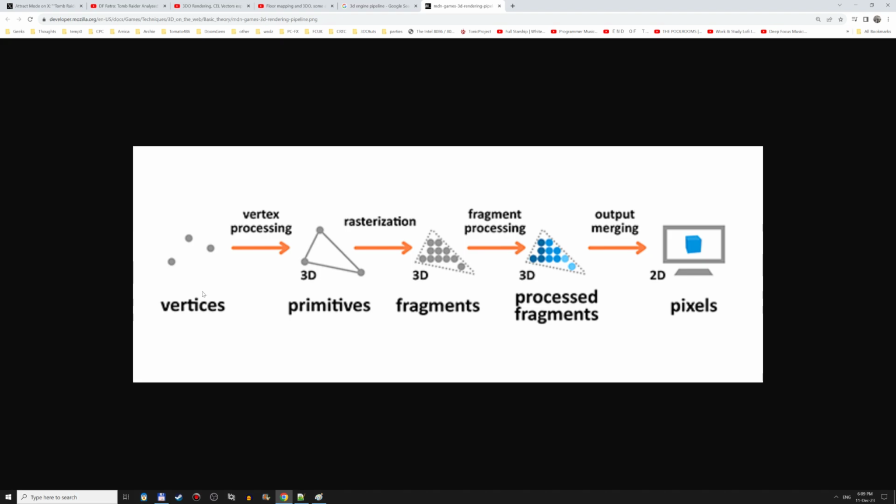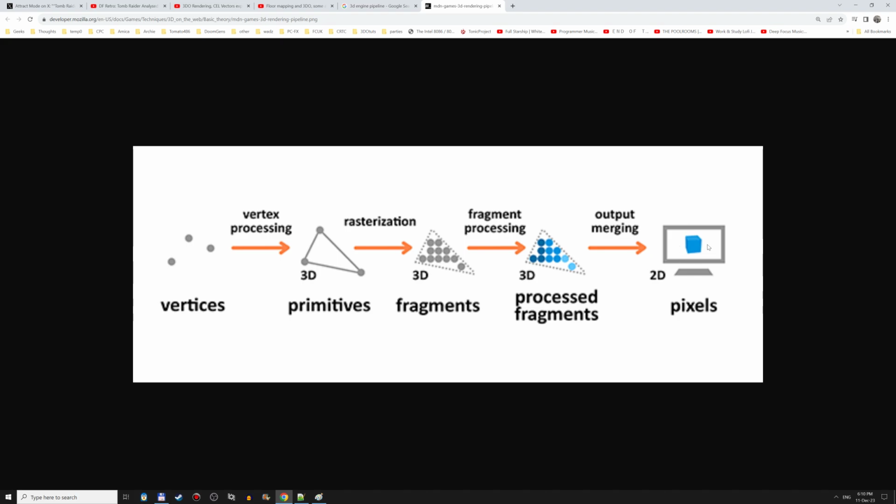You have 3D vertices. You might do the transformation on the CPU, or you might do it on the hardware. In fact, the 3DO has a hardware matrix multiplication. But then you need to do the projections to 2D on the CPU. Some of them are done, like in OpenGL, on the GPU with the vertex processing and fragment shader.